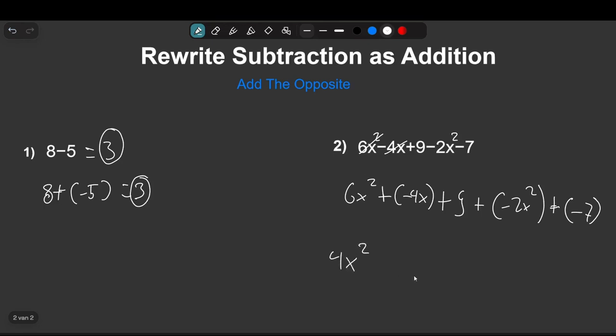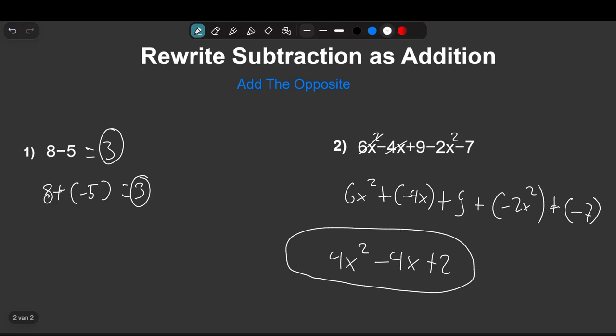And now we're going to draw a minus sign right here, because it's minus 4x. So we can just write this minus 4x right here. And now we can combine one more like term. 9 minus 7 will equal 2. So we're going to do plus 2. And this will be our final simplified subtraction as addition example.